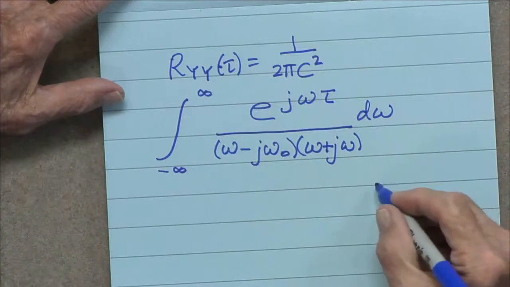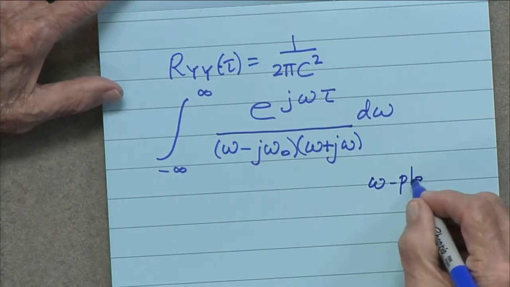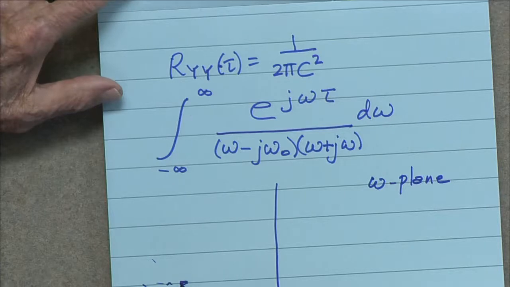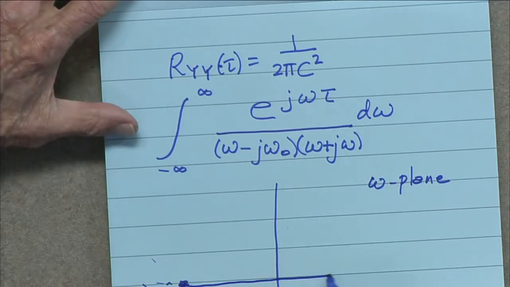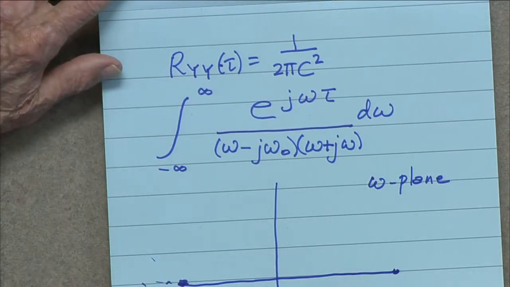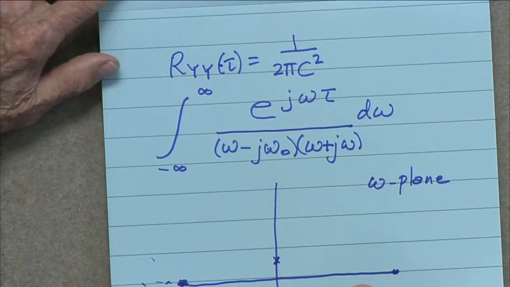And so I'm going to draw a picture here of the omega plane. It's complex, but we're really integrating along this line in the omega plane. And we found out there's a pole here and a pole there.